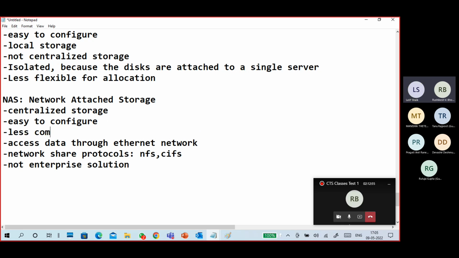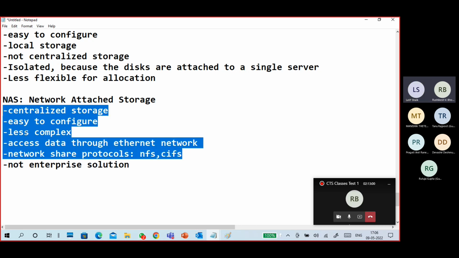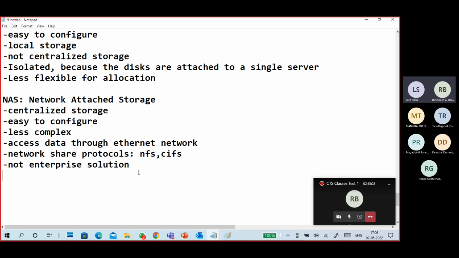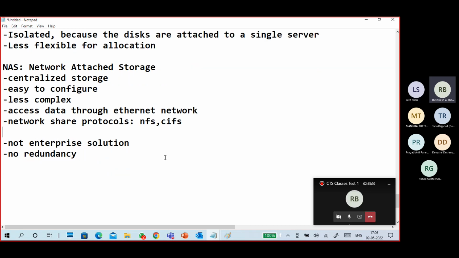Complexity is very low. Access is through Ethernet protocols. No redundancy. Redundancy is not there. Not an enterprise solution. Less cost or moderate cost, less complex.